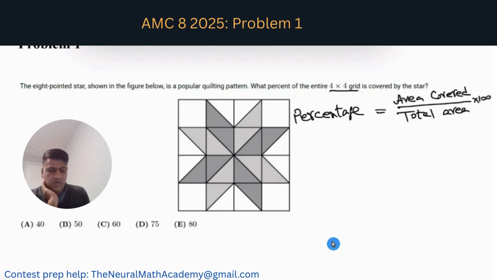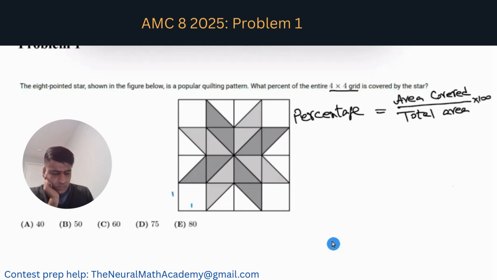So now if we look at this shape that is given, we are not given any of the dimensions. So for convenience, we can take 1 for the side length, and then if I calculate the area of 1 square, that will be 1 unit square.